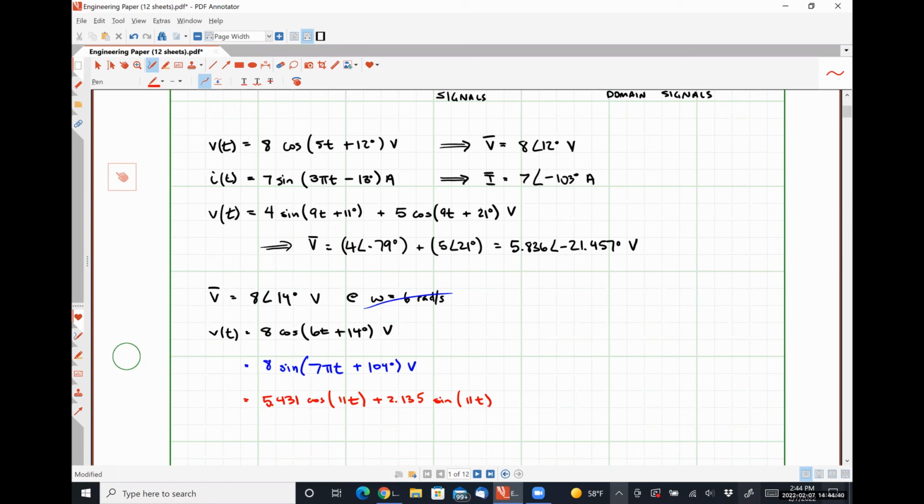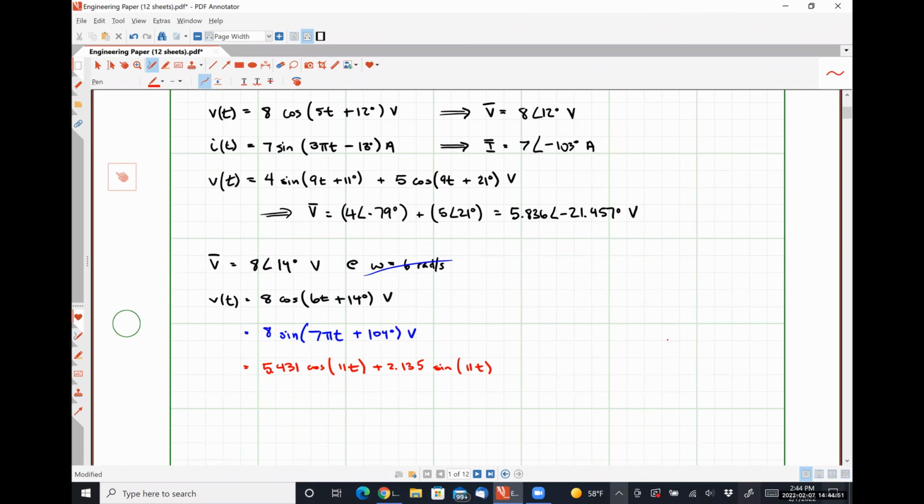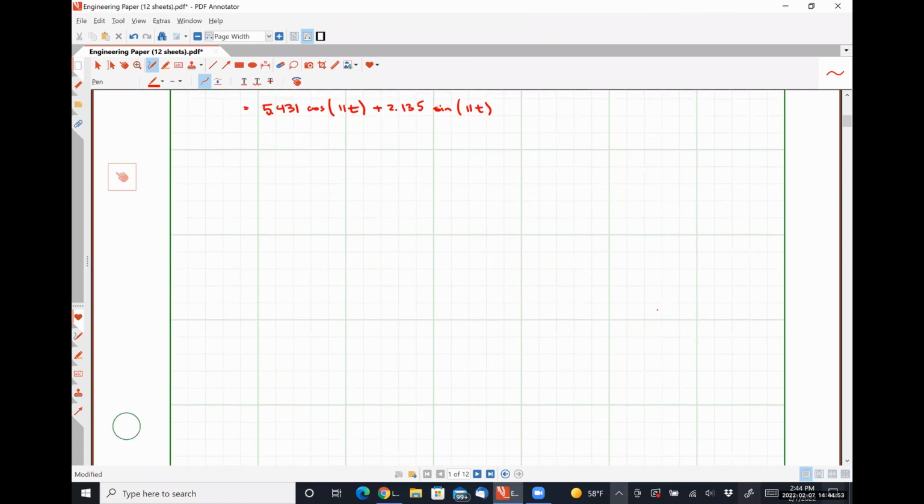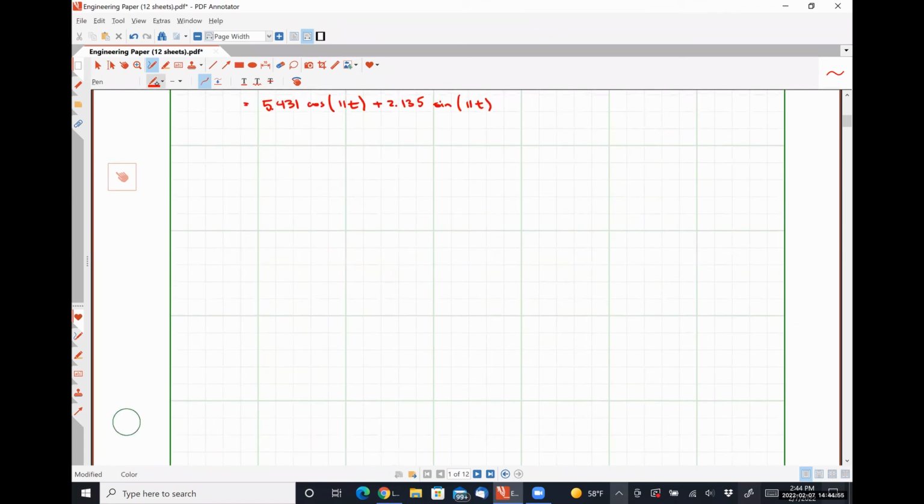All right, so let's look at phasor relationships for circuit elements now. All right. So let's say that I have a resistor.